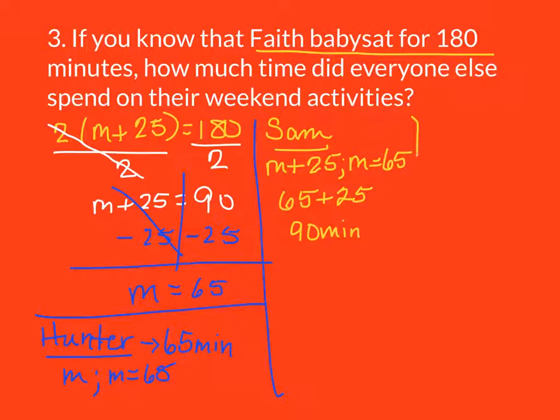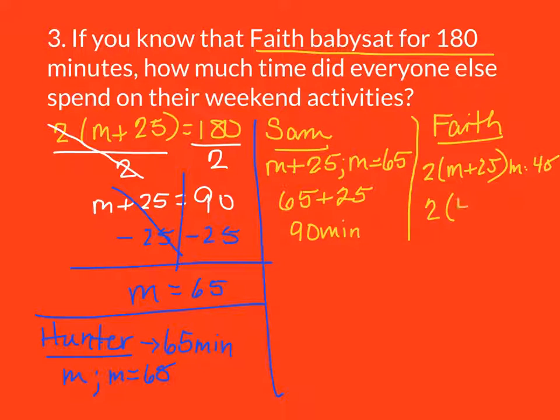Now, I already did Faith, but let's do it again. That's kind of our way to check, make sure we got it right. You know, the expression for Faith is 2 times the quantity of M plus 25. M equals 45. 2 times the quantity of 45 plus 25. Well, 45 plus 25 is 70.